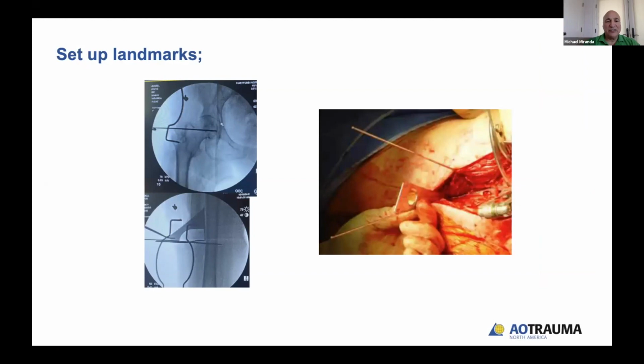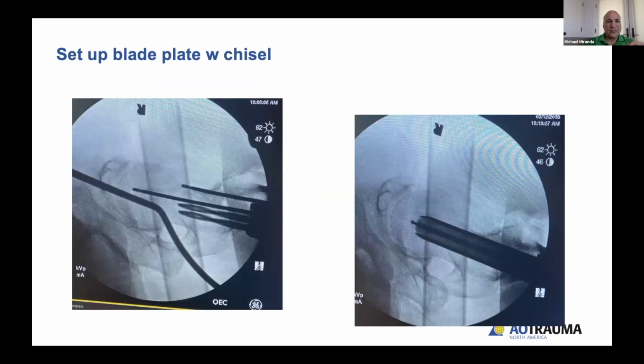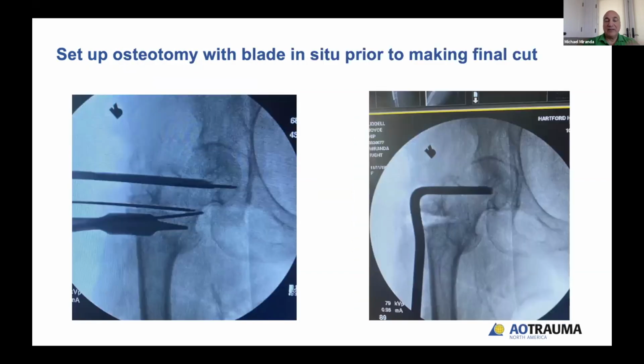We've got distal reference wires. We've got a proximal wire. And I use the metal triangles that are available in the osteotomy set. You set up the blade with the chisel and set my blade in. Remember, I essentially put the chisel in, back that out, set up my osteotomy with wires. Now, unlike Roger, I actually ride the wires with my saw, and I think that's probably a certain comfort level.